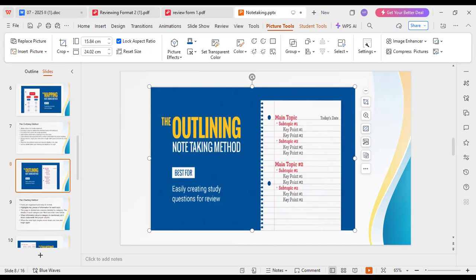And this also works for complex material, when you have nested logical structures. It is easier for you when you use this outlining method, because you have everything organized properly.